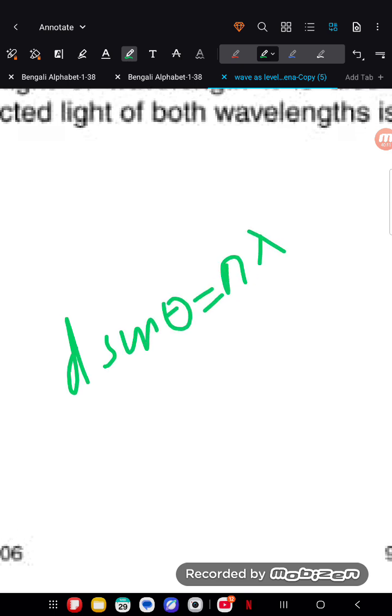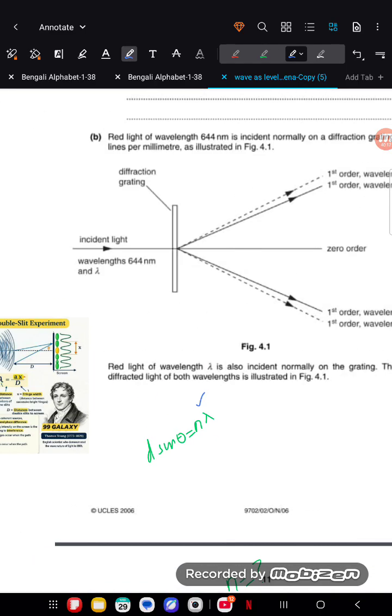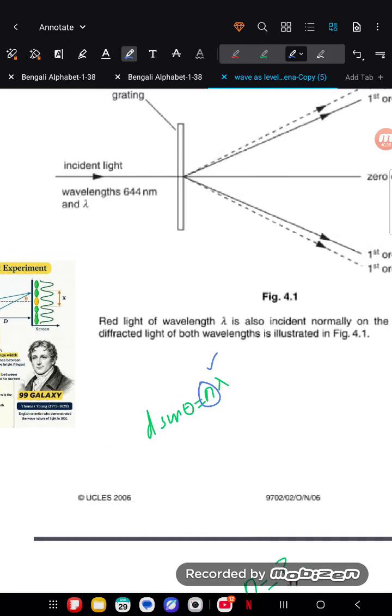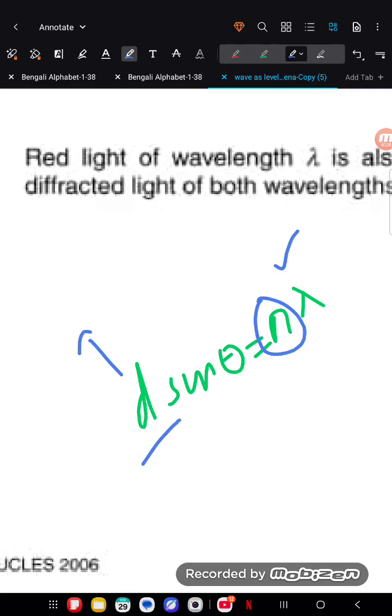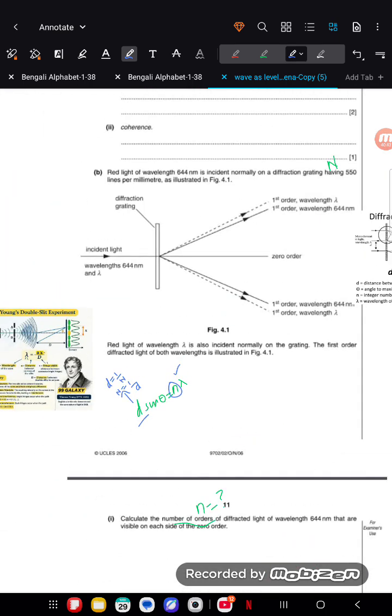So you have the wavelength, and this you have to find. Okay, now d: yes, they have given you N, you know d is 1 by N, so you can find this like 1 by 2, right? Sine theta is given, they said red light.